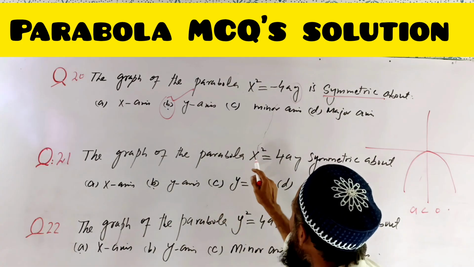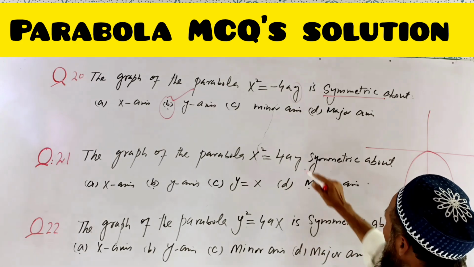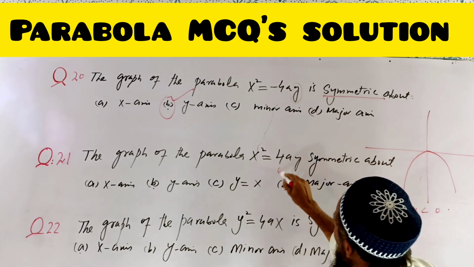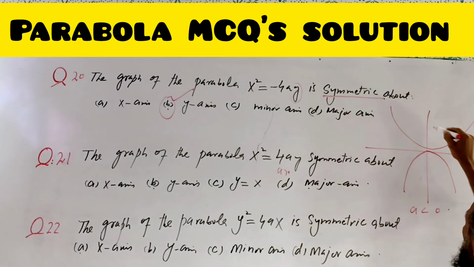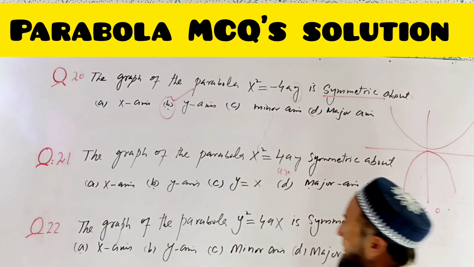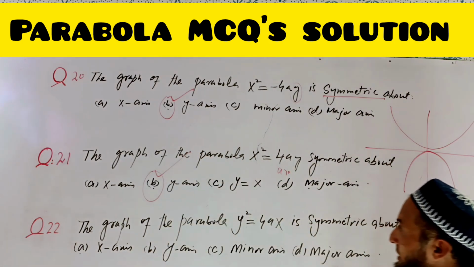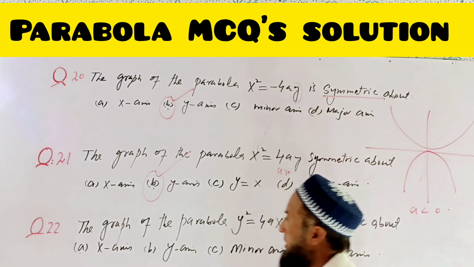Similarly, the graph of the parabola x square is equal to 4ay, where a is greater than 0, is along the y-axis again. So we get the same answer, the y-axis, but the parabola opens upward. Question number 22.